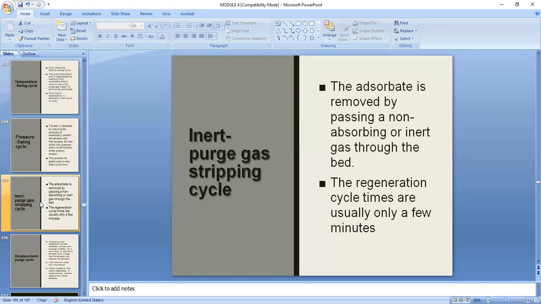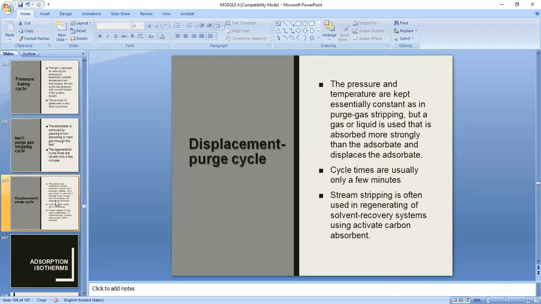But of course, the amount of this non-adsorbing inert gas is to be considered, because this is another cost, since you're going to look for an inert non-adsorbing gas to remove your adsorbate. In the 3 cycles discussed so far, this one is the only one that specified that your cycle time is just a few minutes. Now we go to the last, the displacement purge cycle.